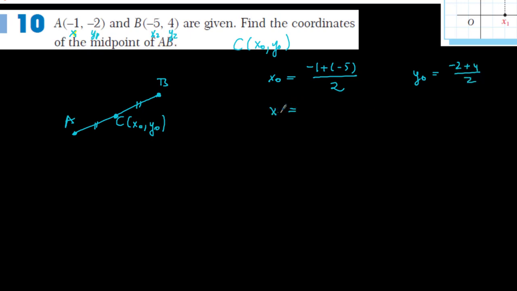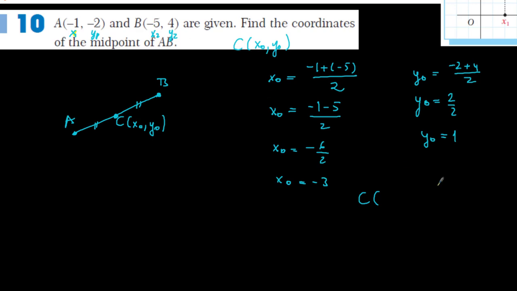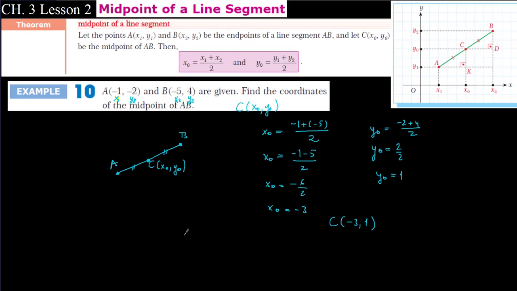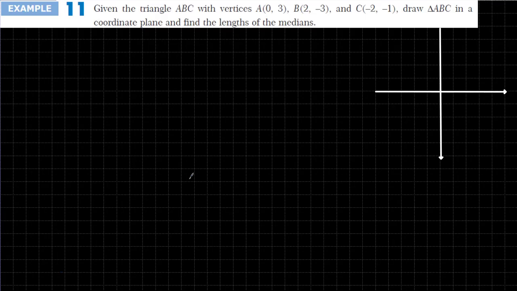Here, x0 is equal to minus 1 minus 5 over 2, which is minus 6 over 2, so x0 is equal to minus 3. What about y0? y0 is equal to minus 2 plus 4 over 2, which is 2 over 2, so y0 is equal to 1. So the coordinates of C, the midpoint of AB, are minus 3 and 1 in this question. Let's continue with another question.